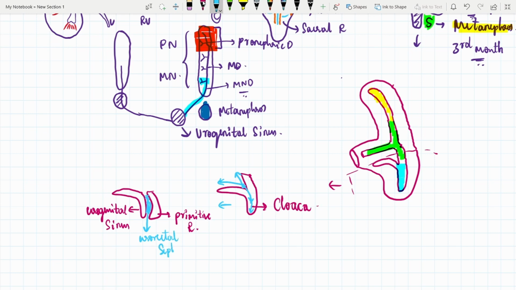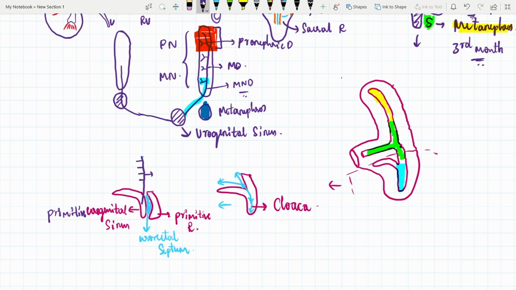Septum, right? So as I said previously, the mesonephric duct is connected to urogenital sinus. This is how it is connected. The lower part is persistent, right? Caudal part or lower part of mesonephric duct is persistent, and it is connected to primitive urogenital sinus.